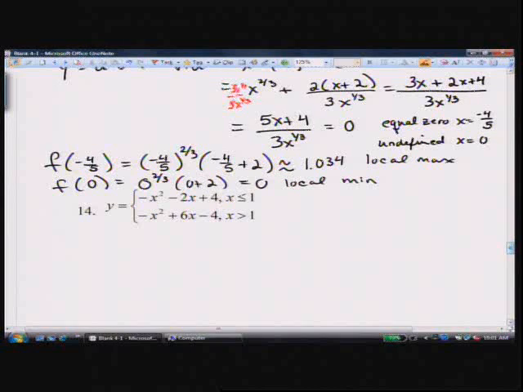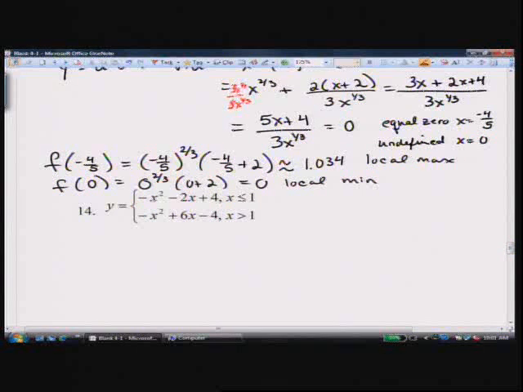Okay? So this one's kind of an interesting problem. It's a piecewise defined function when we're looking at 1, or what happens at 1. Okay, so let's look at this function first.